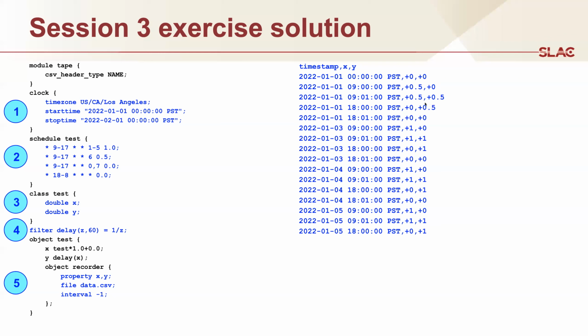And then, of course, at 6 p.m., the value of x changes to 0, from 0.5 to 0, but notice that the value y is still set to 0.5, and a minute later, the value y is updated. So you can see that the 1-minute delay is working correctly according to the specification of this filter.